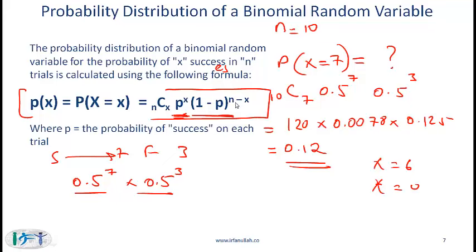But then, since the order does not matter, we multiply this by the number of ways in which we can have 7 out of 10. So that is where the 10C7 comes from, because the number of ways in which you can get 7 heads out of 10 coin flips is depicted by 10C7. Now, whether or not you understood that explanation, you have to memorize this formula.